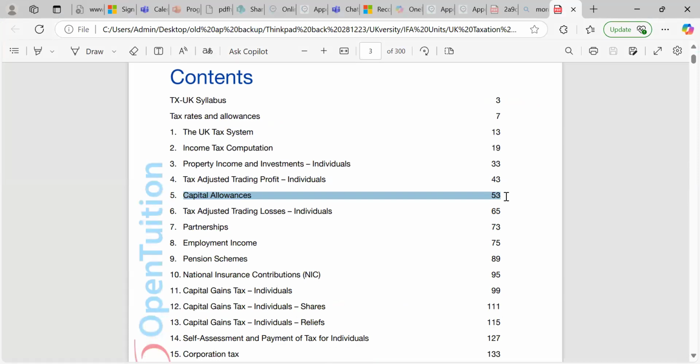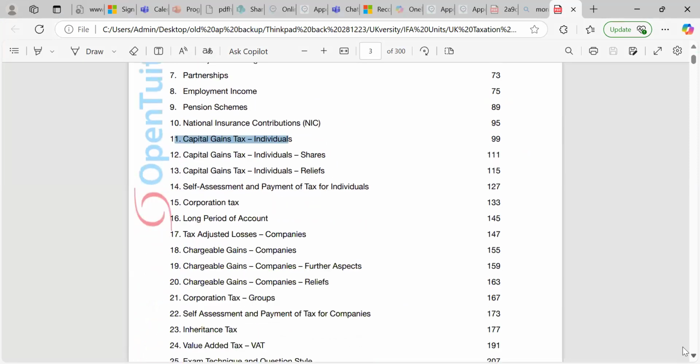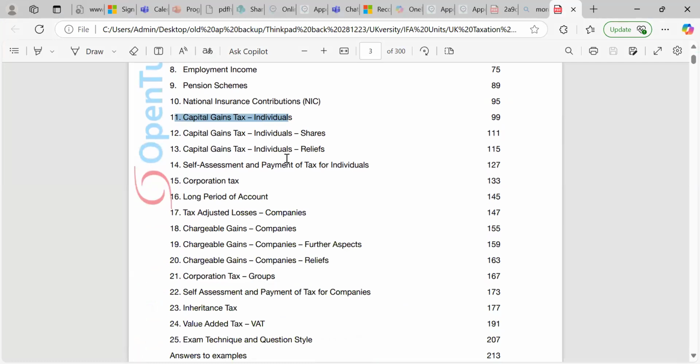If you're dealing with capital gains for individuals and businesses, and self-assessment payments for individuals. For corporation tax, we deal with page 133, chargeable gains, adjusted profits and self-assessment for tax, the company. It's quite good to look at and explore, deep dive into.